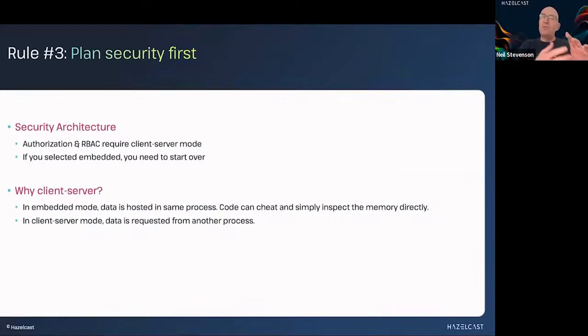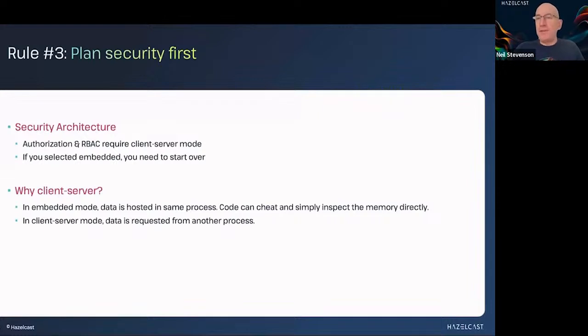Well, the API stops you accessing the data, but if you're running in the same process, you can just look in the process's memory. So the security in that sense requires client server. You are a process, you make a network call to the server, passing it your credentials and say, I'd like this piece of data, and it maybe does or maybe doesn't, depending on your credentials and your role and all that kind of stuff. So if you implement security, you need to be client-server.